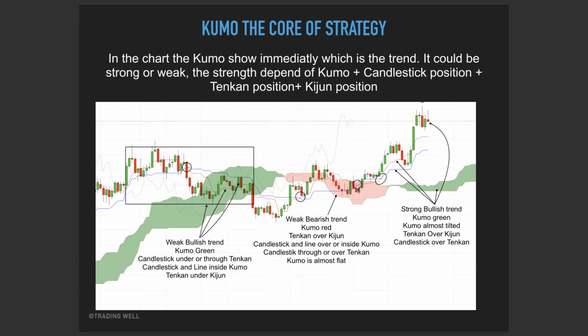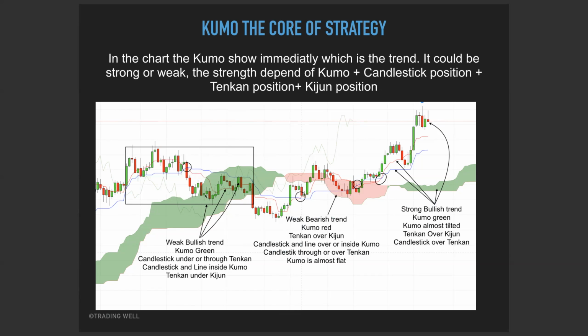Instead, here is an example of a weak bullish trend. The Kumo is green, yes, but the candlestick is over. Here we have a cross between Tenkan and Kijun.